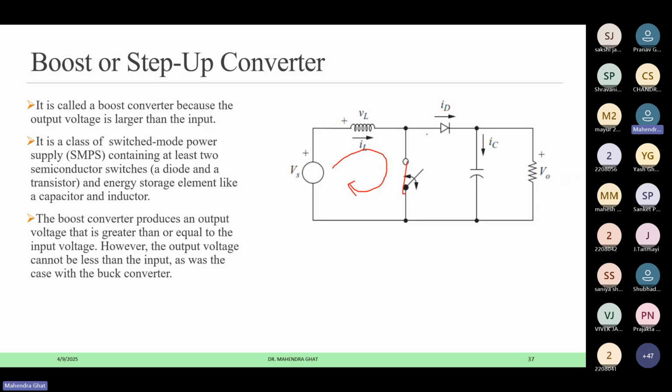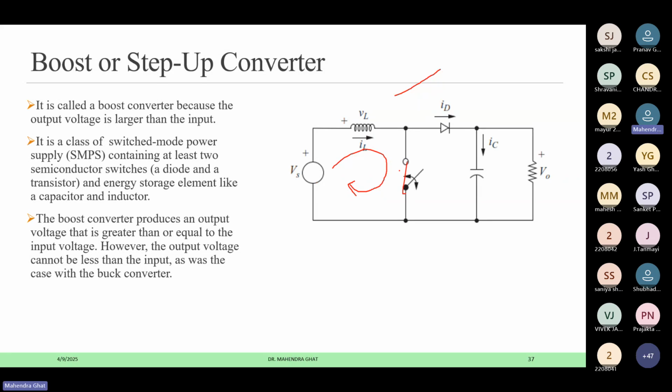This other path has high impedance, so the current will flow through the switch. The voltage across the inductor is applied as Vs, so the inductor current will start increasing. So when the switch is closed, the current follows this path and the inductor current rises.